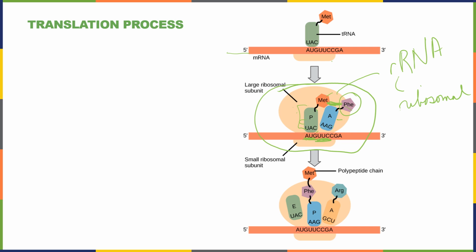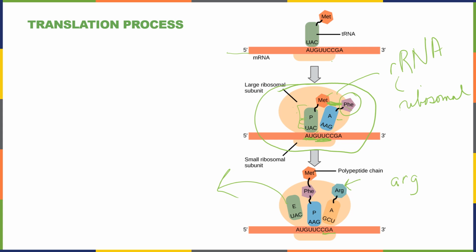Then the mRNA kind of shifts down. That first transfer RNA you don't need anymore because the amino acid now is attached to phenylalanine, so it leaves. And then you go to the next codon, and for this one, it's CGA. If you look that up in the genetic code table, it stands for the amino acid arginine. And usually when you're writing the amino acids, you just use the first 3 letters.